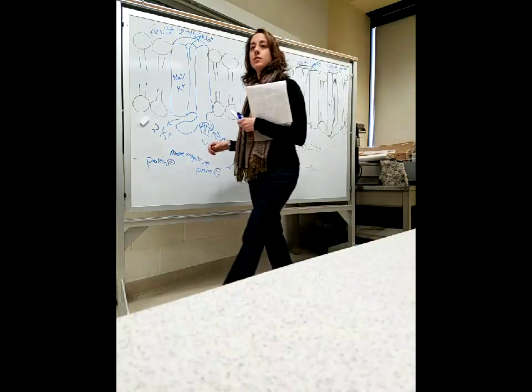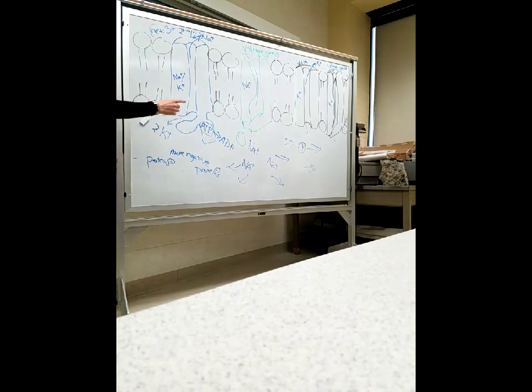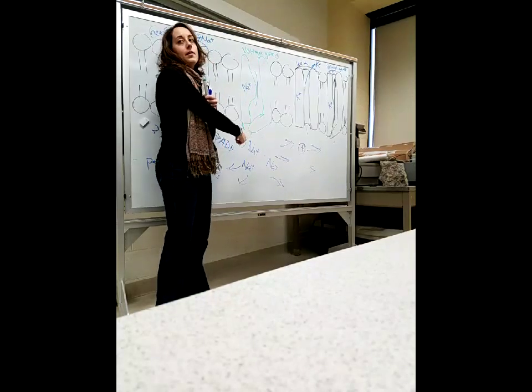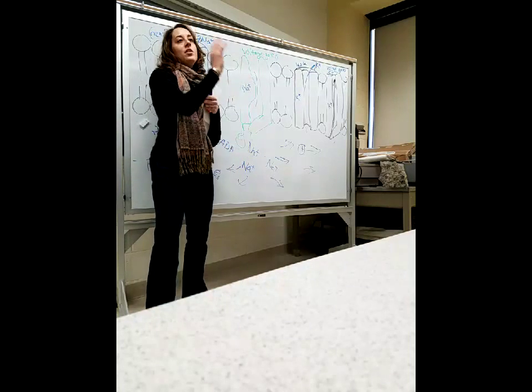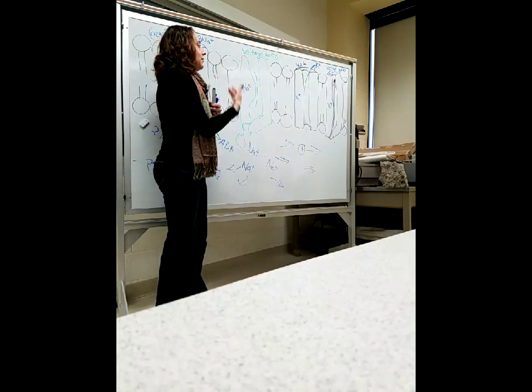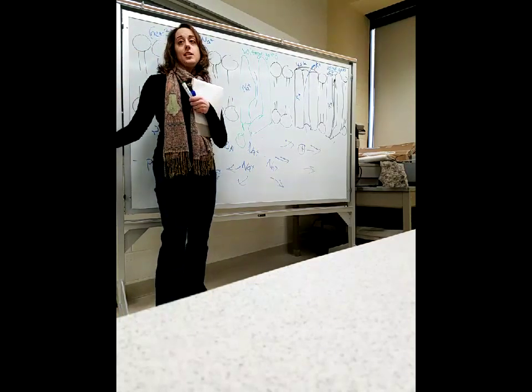Yeah? What makes the voltage-gated ones close? What makes them close? Yeah. So this one, the sodium one, the stopper goes into place over time. And then once it's stoppered, then you have the recovery of the cell to the more negative state.